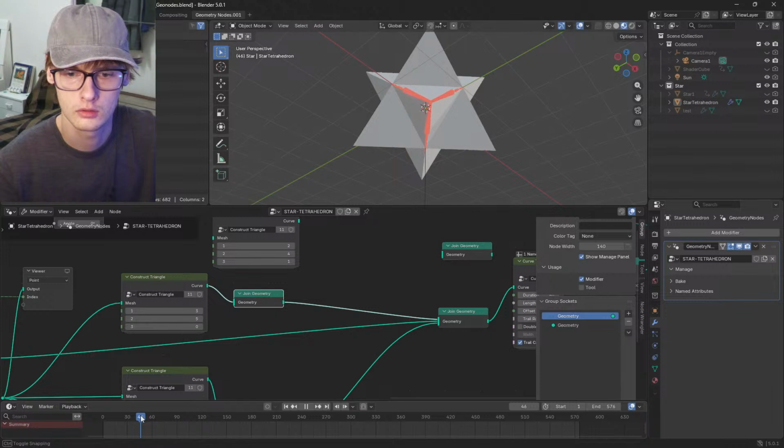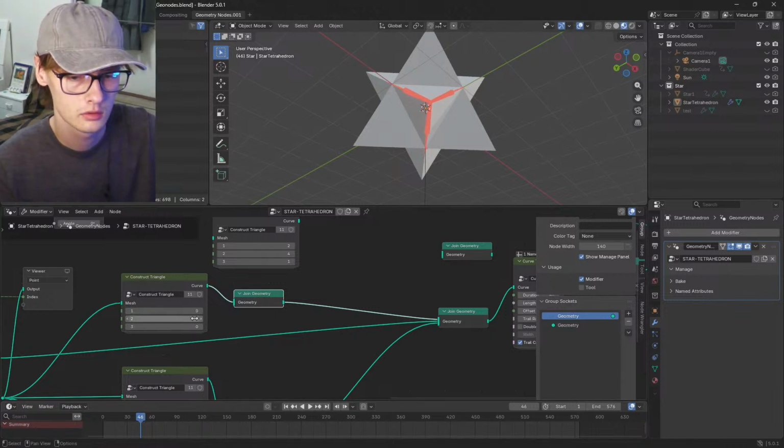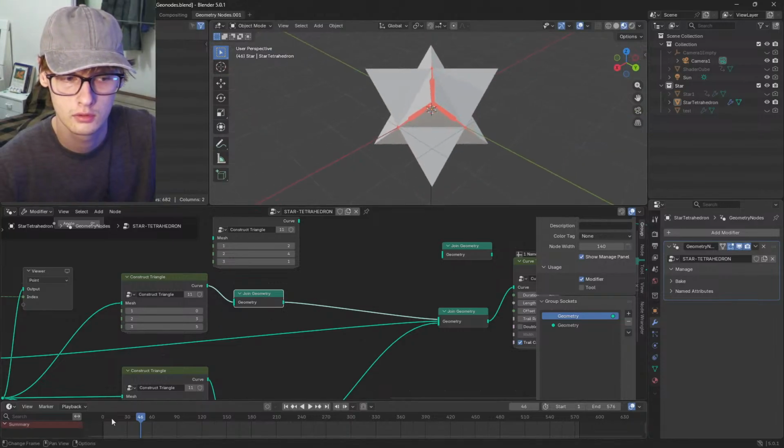Okay, I'm gonna shift them again. 0, 3, and 5. I think that was the right order. Good.